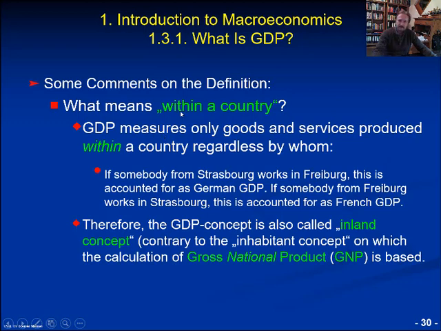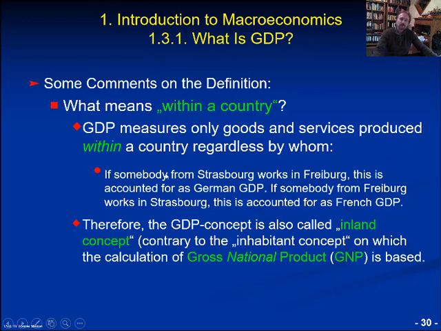Okay, finally, there's one expression we still have to discuss. We used for the definition of GDP the expression production within a country. So what does within a country mean? Well, GDP measures only goods and services produced within a country, regardless by who.